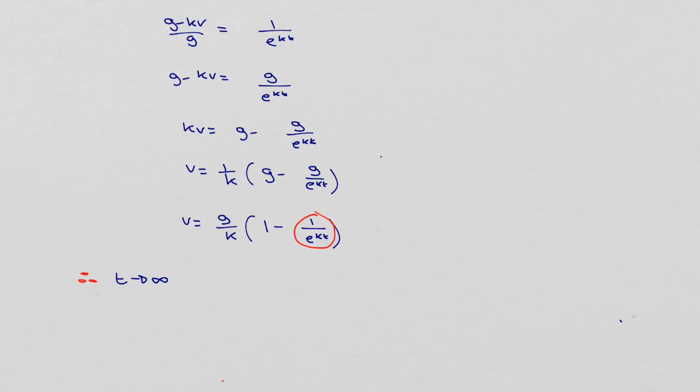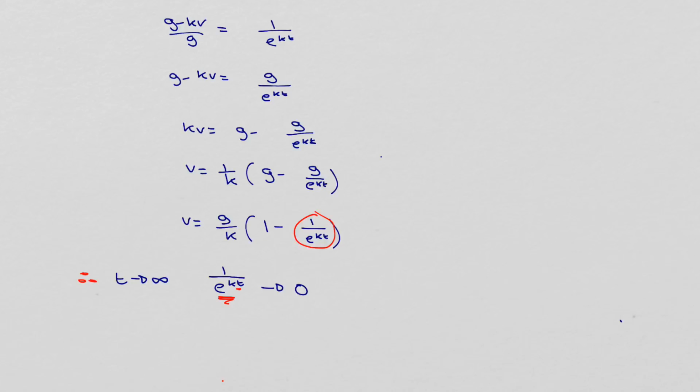So if t is going to infinity, then 1 over e to the kt must be tending towards what? Well, it must be tending towards 0, because as t gets infinitely large, the denominator is going to get infinitely large. And if the denominator gets infinitely large, then 1 over an extremely large number is getting closer and closer to 0. In other words, it's tending to 0.